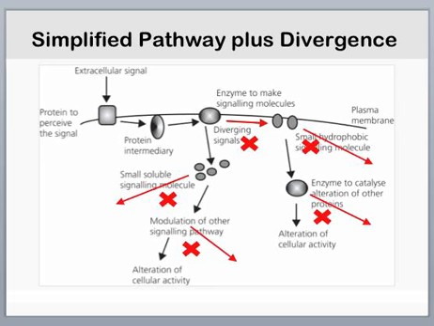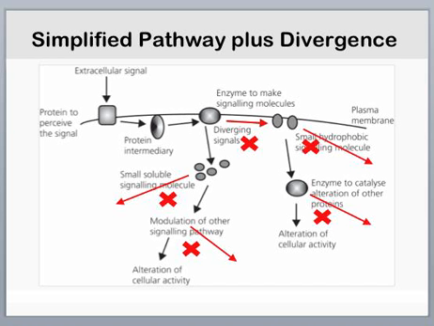Now, here we have an elaboration on the previous scheme shown here, in which more points of divergence have been highlighted. So in this instance here, each time a big red cross is indicated is a point where one or more pathways can be activated depending on the cell type.